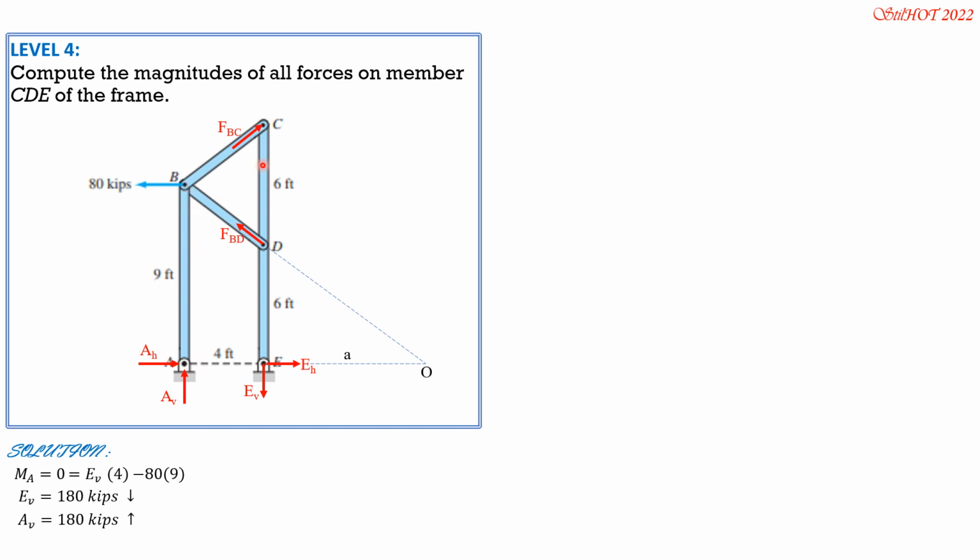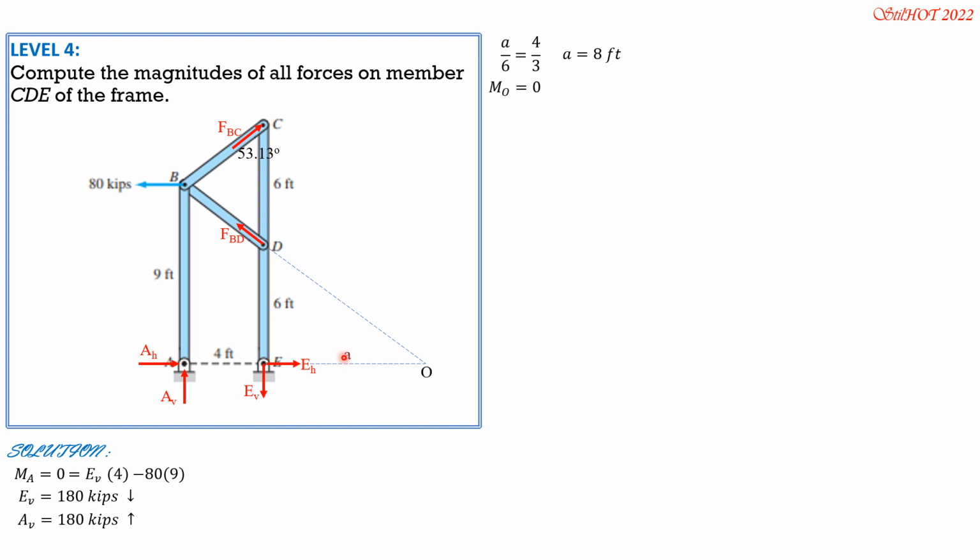So horizontal, vertical, that's also 3. So same angle. Therefore, this angle is 53.13, arctan of 4 feet over 3 feet. Arctan of 4 over 3 is 53.13. This is also 53.13 degrees. So A over 6 equals 4 over 3. So A is 8 feet.